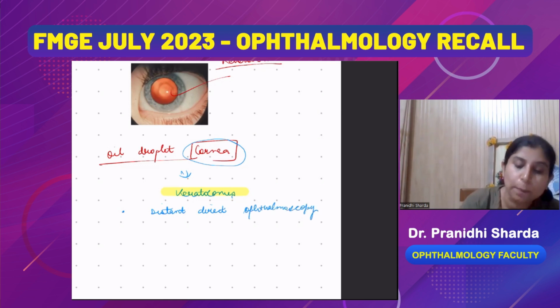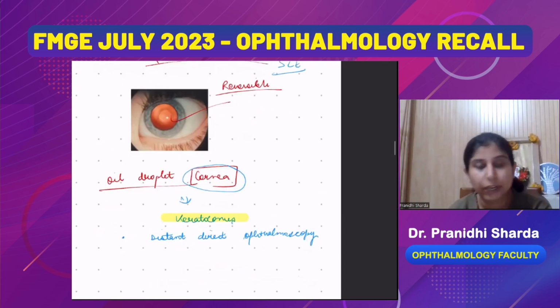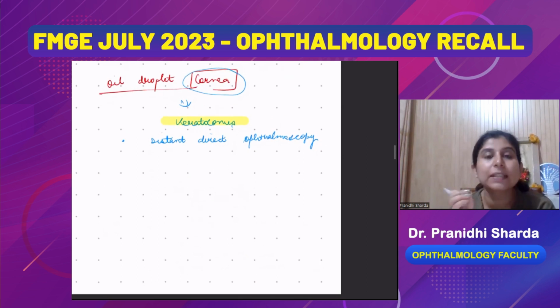How is oil droplet cataract diagnosed? It will be diagnosed on slit lamp examination. While this oil droplet sign in keratoconus seen in cornea is diagnosed on distant direct ophthalmoscopy. So these are the two oil droplets which are seen.